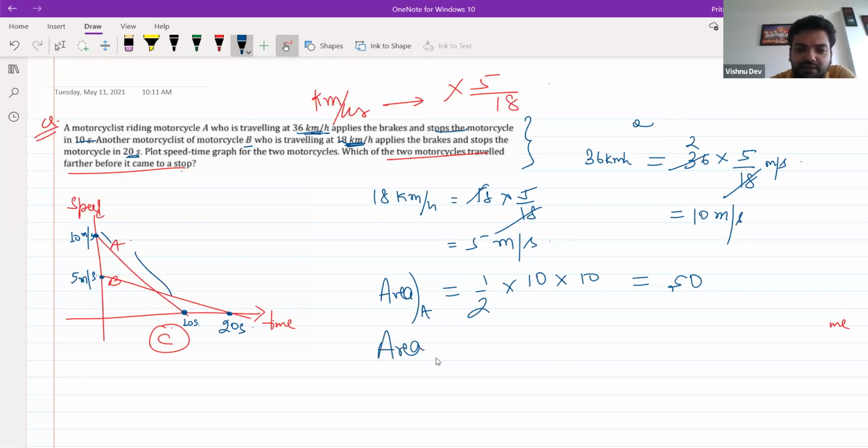Area for B is half times base 20 times height, so it will be 50. So for both of them we are getting 50 meters.